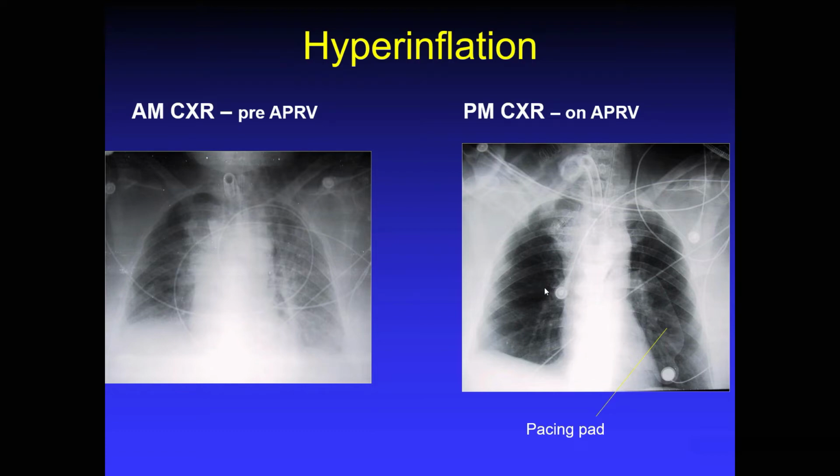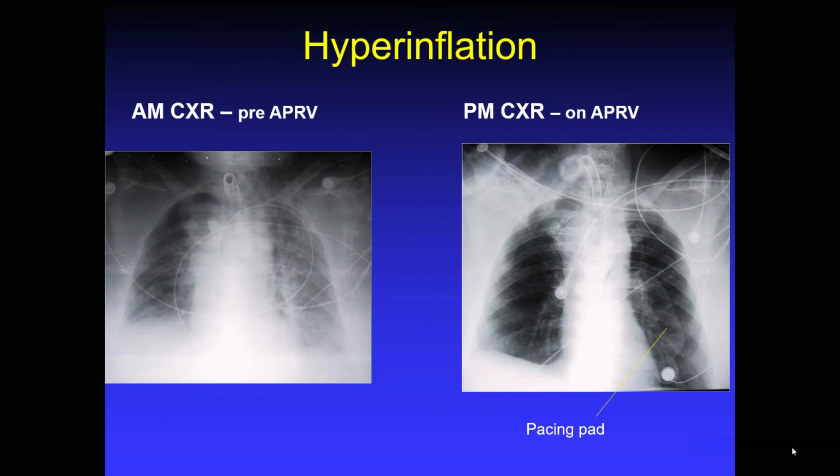Here's prior to APRV, here's after APRV. You see that the diaphragms have flattened out here. The mediastinal silhouette has become narrowed significantly, and you've got atypically rapid clearing of the peripheral airways here. So chest x-ray consistent with hyperinflation: flattened diaphragms, narrowed mediastinum, rapid peripheral lung clearance.